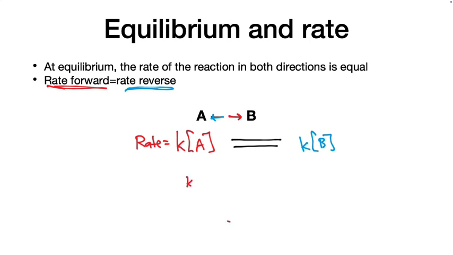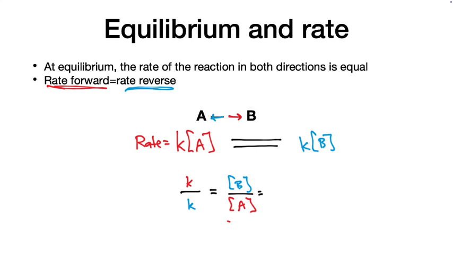We're going to end up with k over k, and we're going to come back to that one in a second, equals B over A. What was B? As a hint, it's on the left side of our arrows.